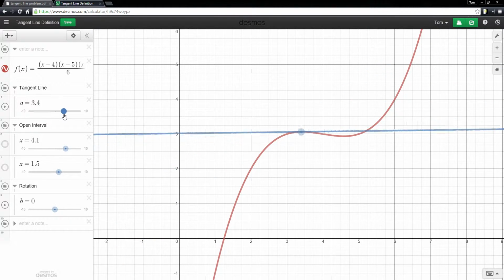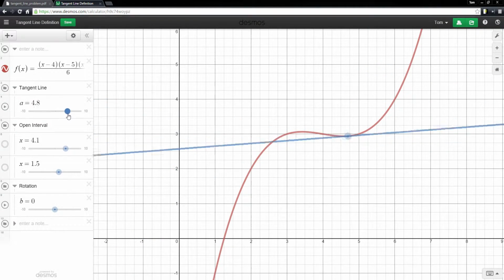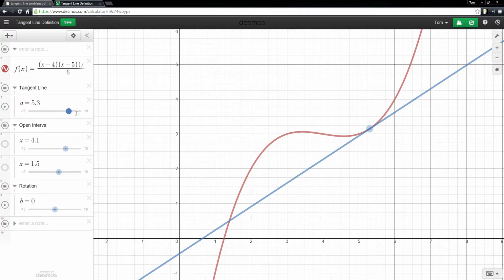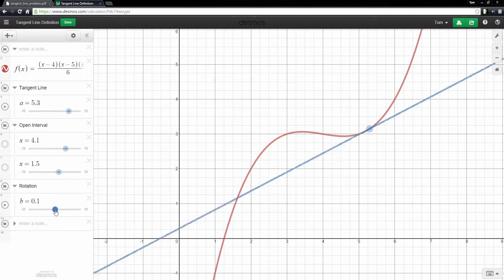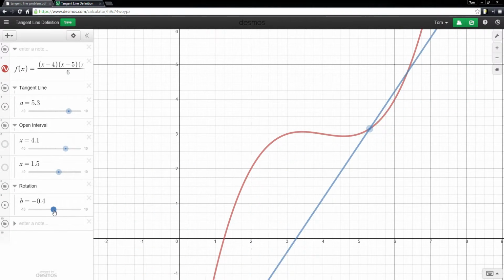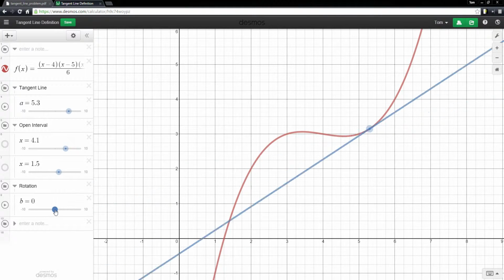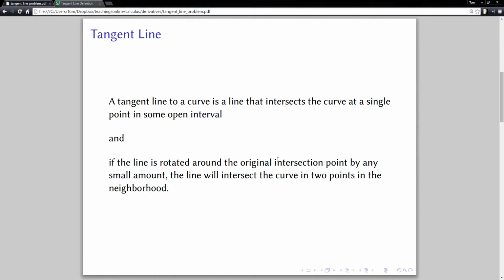If I just move this little slider right here, you can see a bunch of different ones. The thing that they have in common is that locally they intersect the graph in only one spot, and if you move it by rotating it at all, you're going to get another intersection point. So here, if I rotate it that way or that way, any bit at all, I'm going to get another intersection point. So that's what a tangent line is.